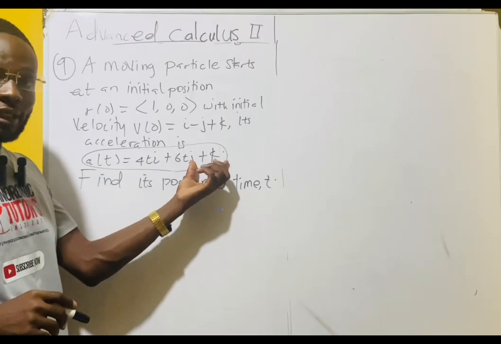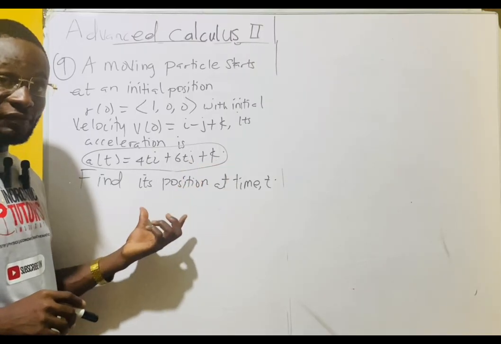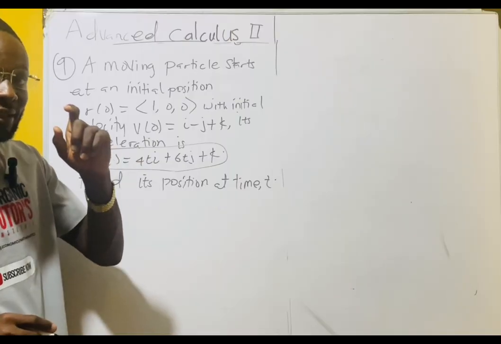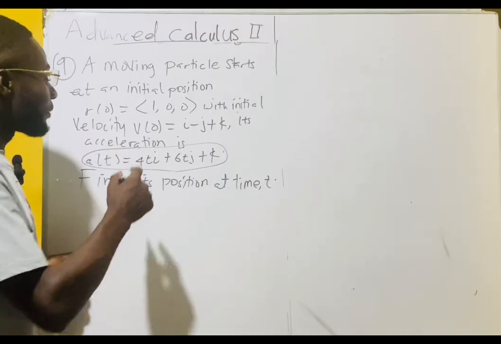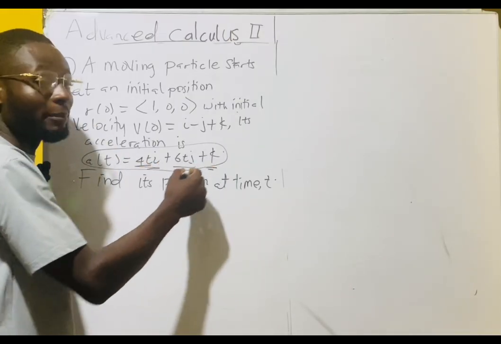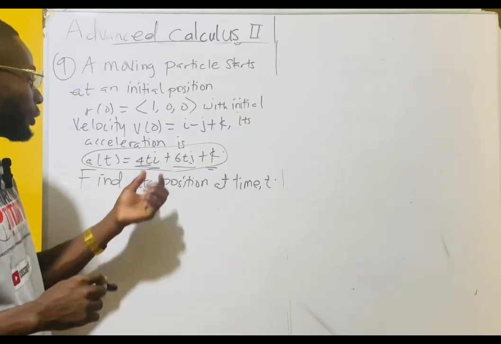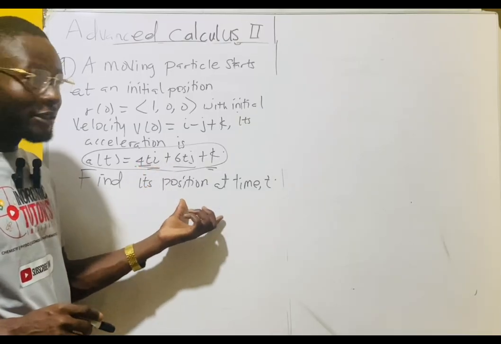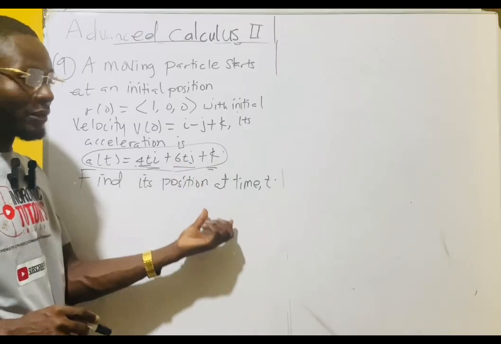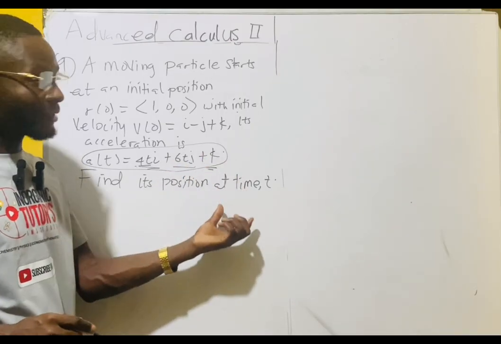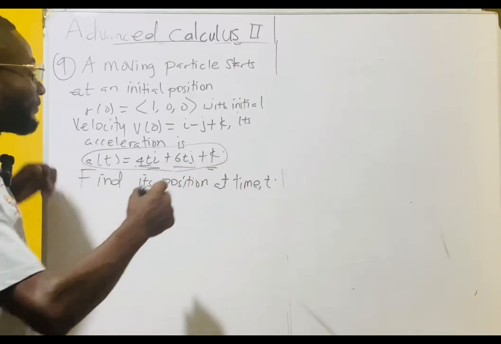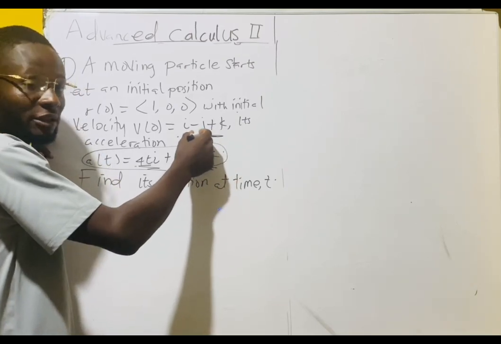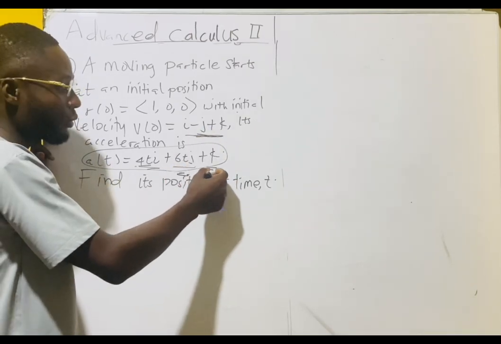So you integrate the acceleration and you get velocity. Don't forget, if you are integrating the acceleration, integrate it term by term, so that you have the i component plus a constant, the j component plus a constant, the k component plus a constant, so that you can fix in the initials for the velocity to find a constant for each component.